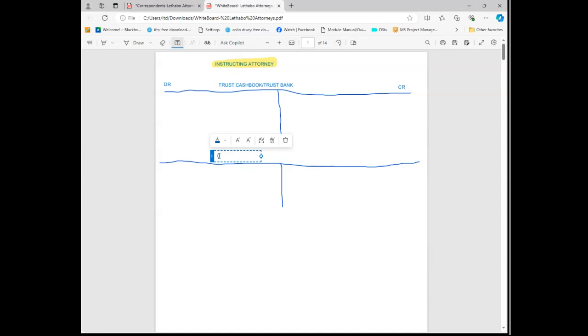So you can just say correspondent, Sylvester, and then trust. It's very important to know that we are dealing with the trust, so that you can be able to receive this money.